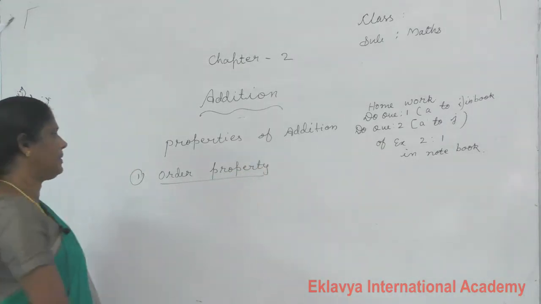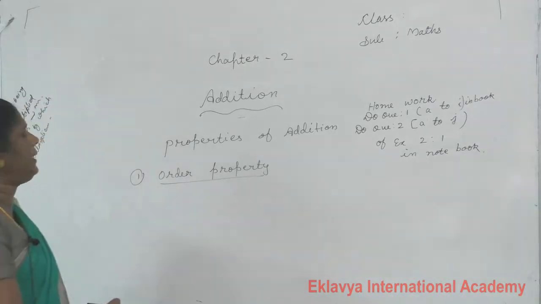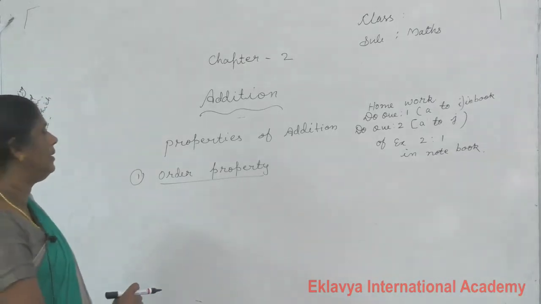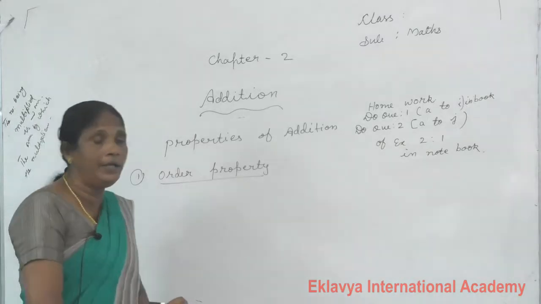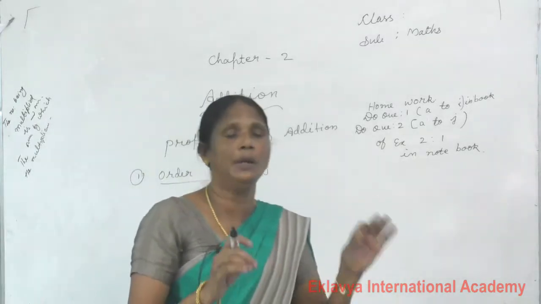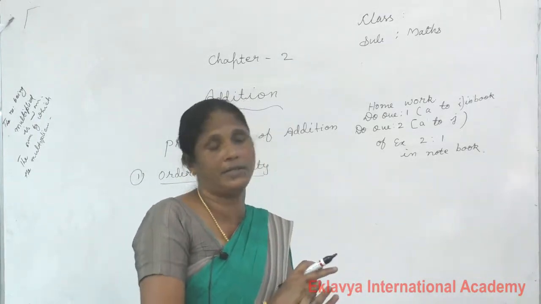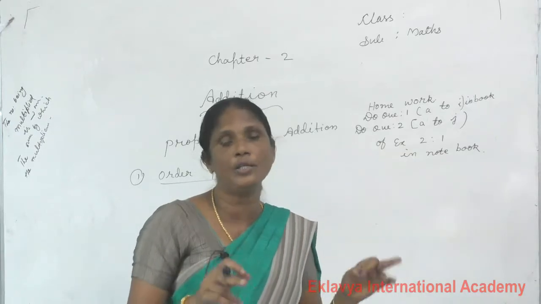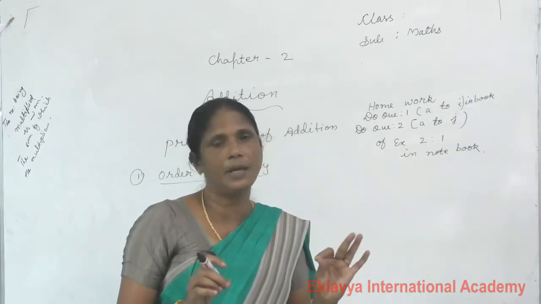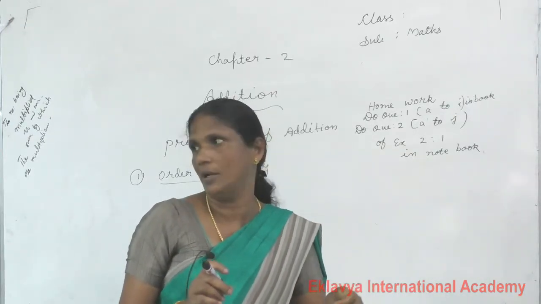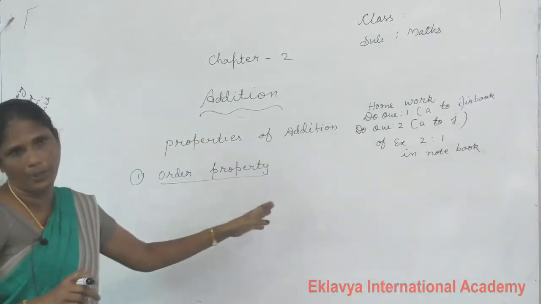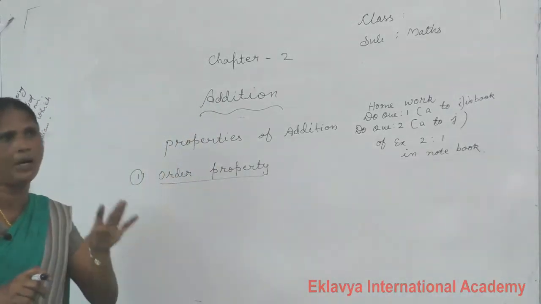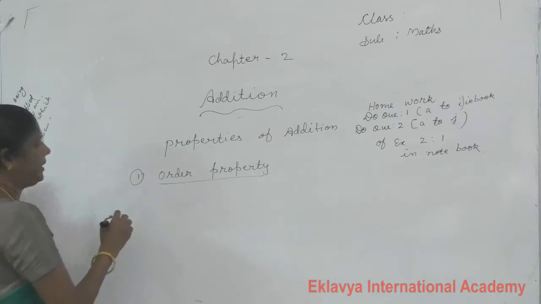That property is called order property. The result, the sum, does not change. That property is called order property.